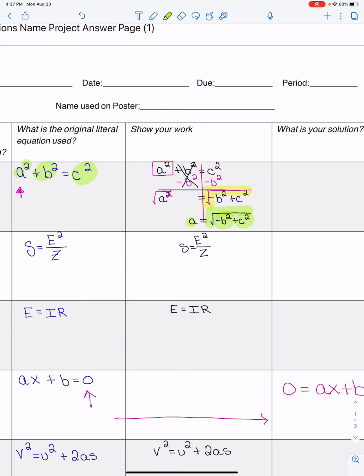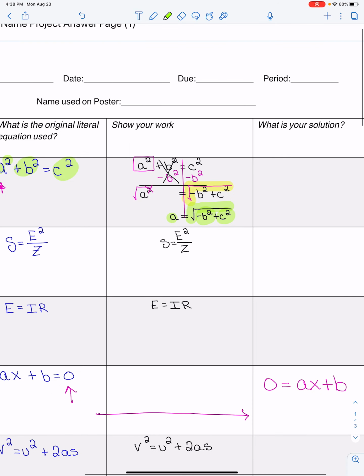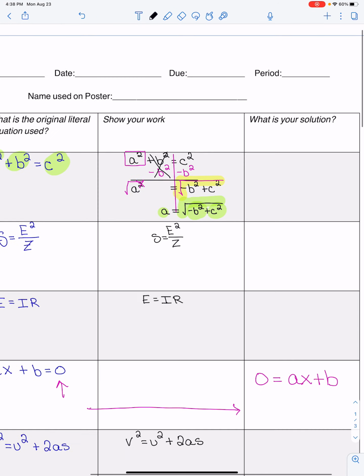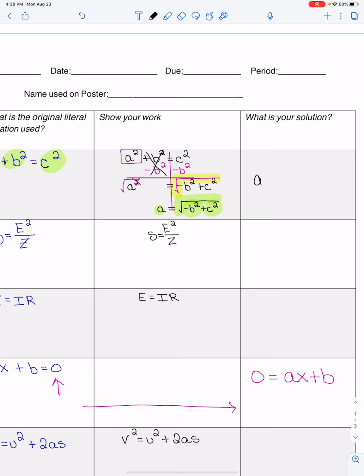But all my variables are still there, and my values are still there, like the square root or a square, they're still there, okay? So my solution would be a is equal to the square root of negative b squared plus c squared all underneath the radical, okay?